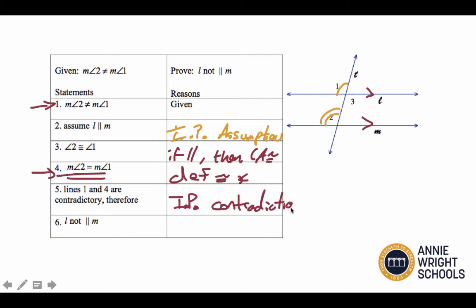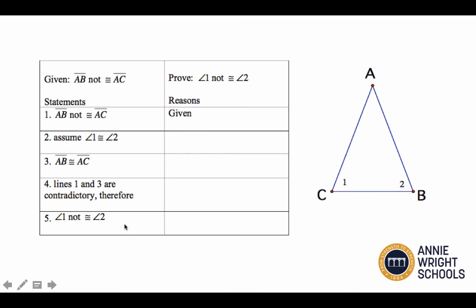Because I have reached something that is contradicting a given statement, and givens are true, I know that my assumption is wrong, and so my indirect proof conclusion is that my assumption must be false, therefore L is not parallel to M. Why don't you give this one a try on your own, and then we'll go over the answers.